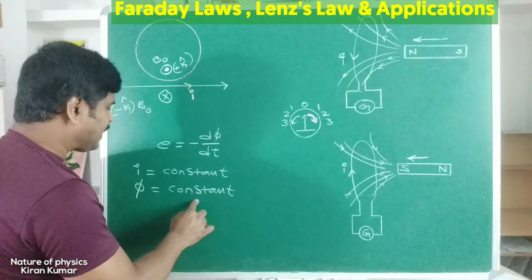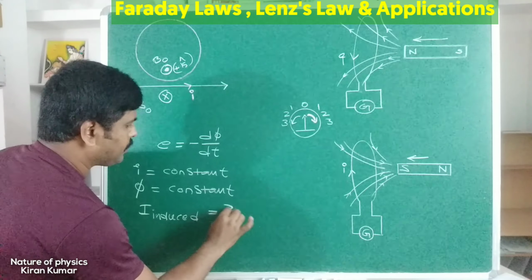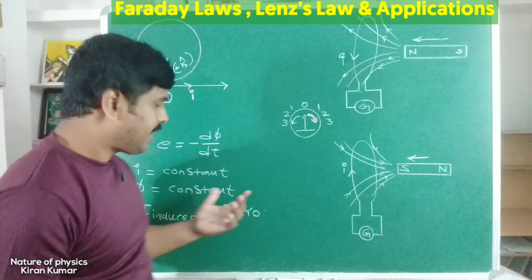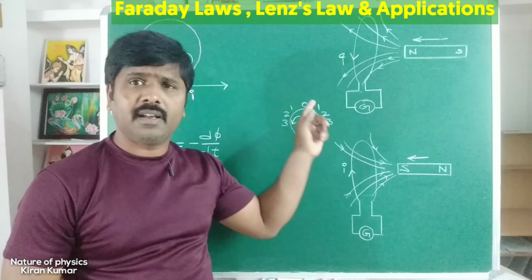Because there is no change in current in the conductor, there is no change in flux in the coil. That's why the induced current is 0, because there is no EMF.